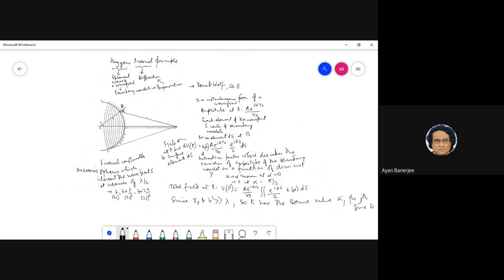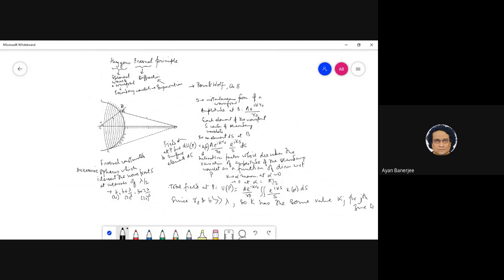It's very non-trivial, right? Huygens just said that you have a spherical wavefront, every point gives you secondary wavelets, and now go figure. It's bloody complicated. There can be infinitely many wavefronts, and how do you finally find the field due to all of them?